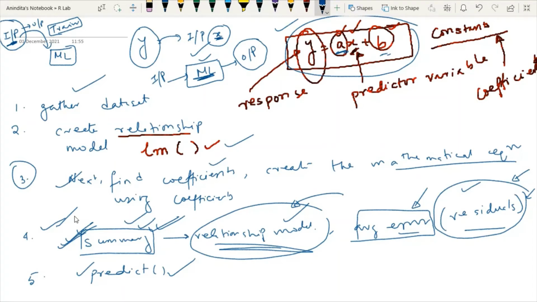On the basis of that, we will evaluate the average error, meaning the residuals. Once this residual value is very small, we will invoke the predict function, meaning we will just give the features and wait for the machine to give us some output, right? So this is the algorithm for linear regression. This is the concept of machine learning. That's why the fourth step and the fifth step are very important.